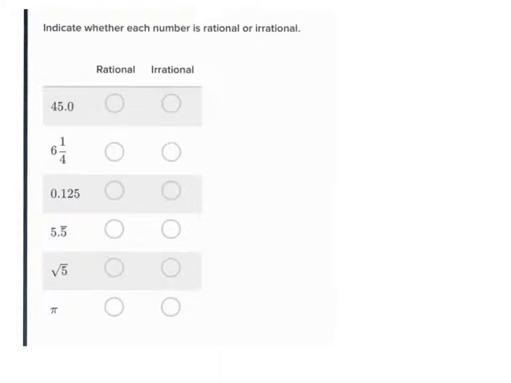So now let's look at these 6 examples. Okay, 45.0 is a decimal that stops, so it's rational. 6 1/4 is the same thing as 6.25.